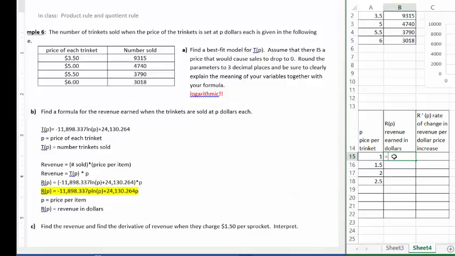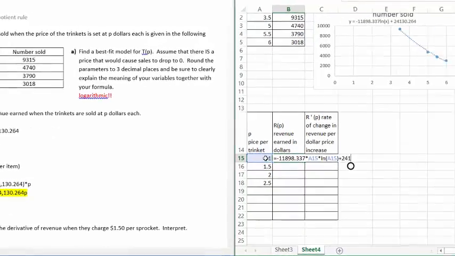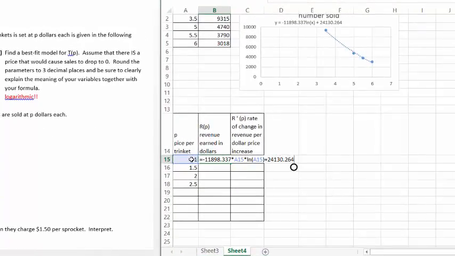Revenue function equals negative 11,898.337 times the P times ln of P plus 24,130.264 times the P, and drag that down.